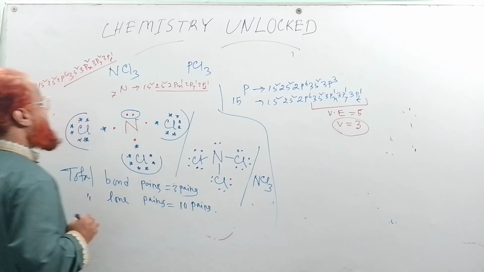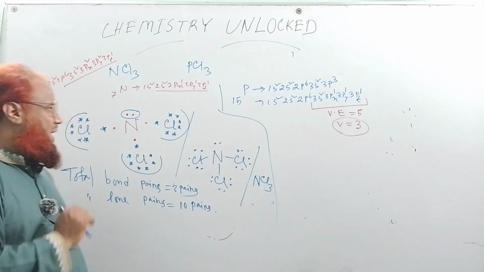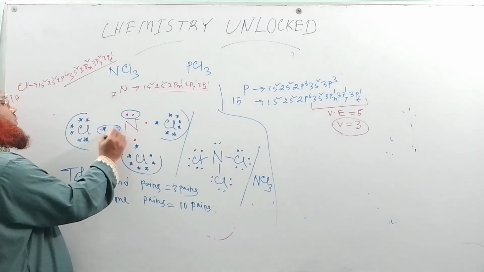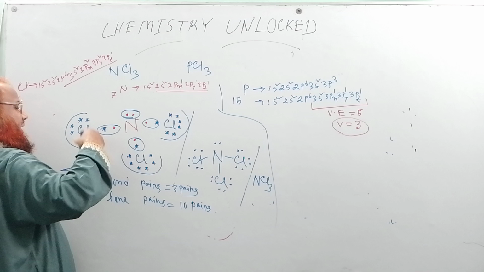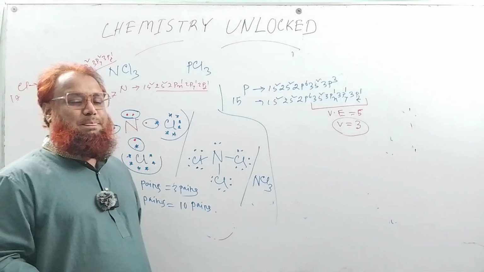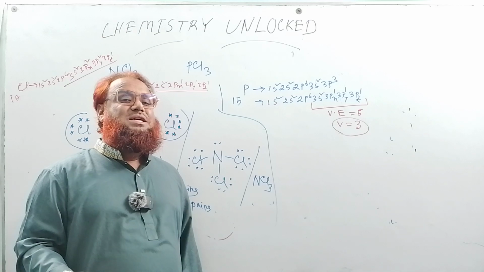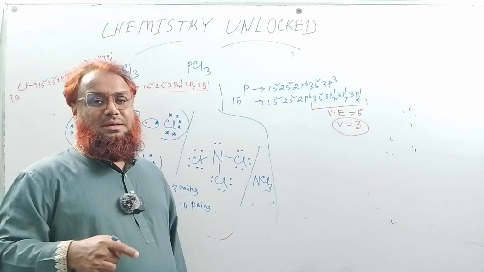Okay. Now, is it following the octet rule? Of course. How? Here is 2, here is 2, here is 2, and here is 2. When we evaluate whether the octet rule is followed, we have to calculate the total number of electrons surrounding the central atom.